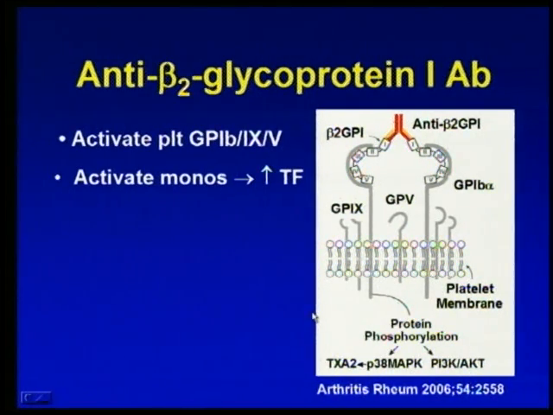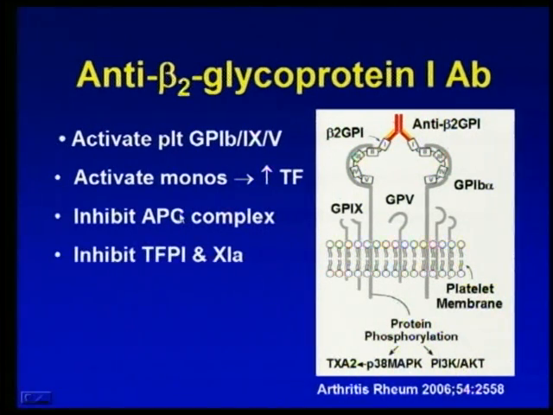Other studies have shown that anti-beta-2-glycoprotein 1 antibodies activate monocytes, increase their expression of tissue factor. These antibodies in in vitro systems can inhibit activated protein C complex, activated protein C being one of the important natural anticoagulants.